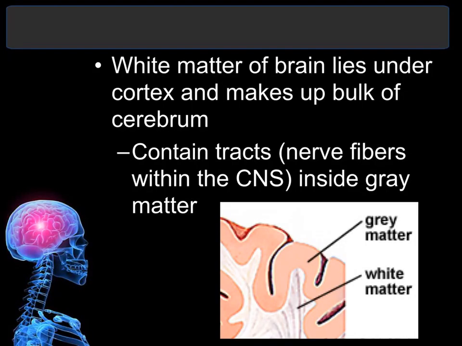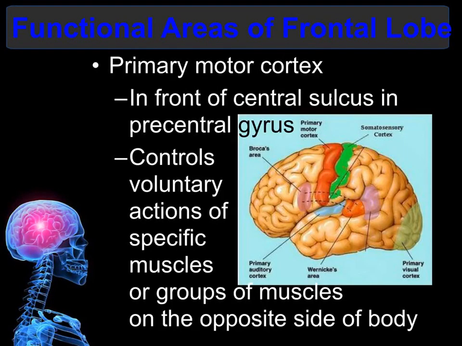Again, white matter is the lighter area of the cerebrum when you make a frontal section of the brain, and the outer area, which is the gray matter, is called the cerebral cortex. Certain areas of the frontal lobe have a specialized function. One of those areas is called the primary motor cortex.